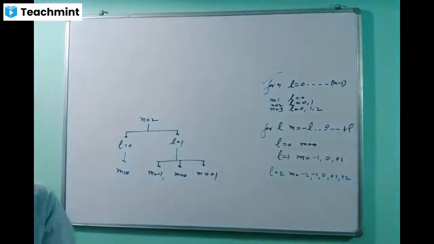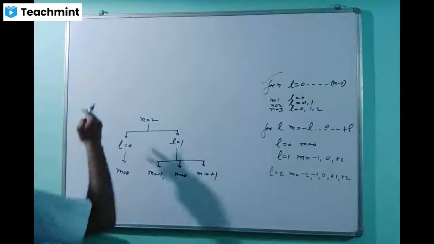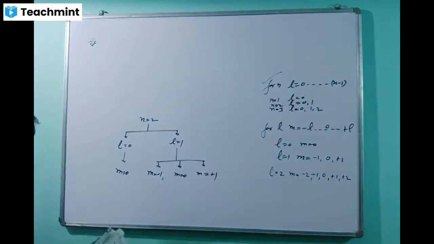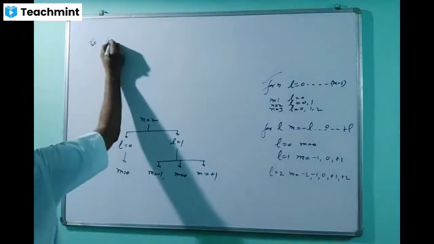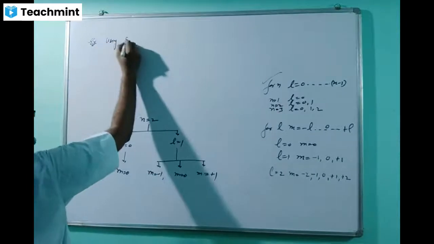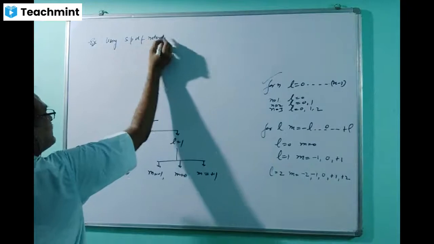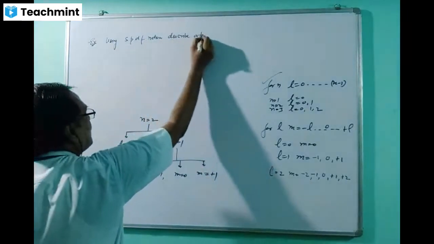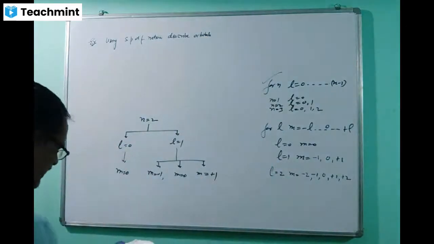So the example: using SPDF notation, describe the orbitals. So values are given.